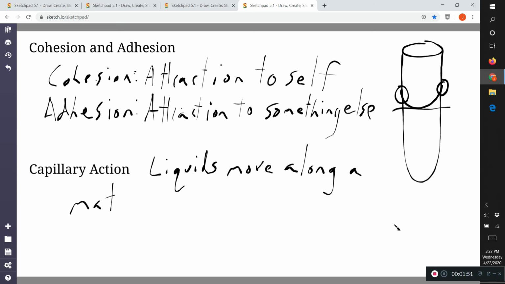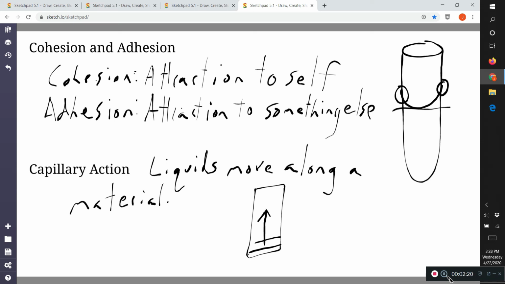If you remember back when we did paper chromatography, we put that piece of paper in a liquid and the liquid moved up the paper, and that's called capillary action. And the reason for this is that the water will adhere to the material, and then as it's a little bit higher, it'll adhere to the material above that, and so on and so forth.